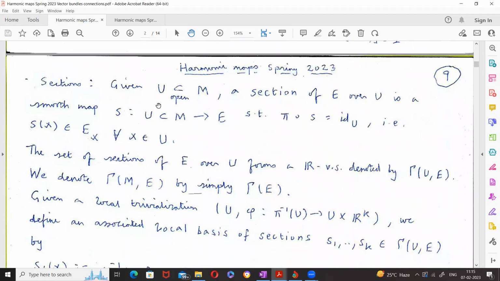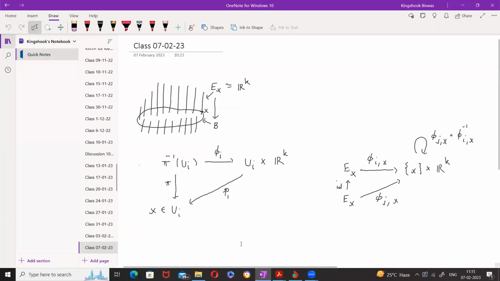So now we need the notion of, so I should just mention as an example, we've already seen natural examples of vector bundles.